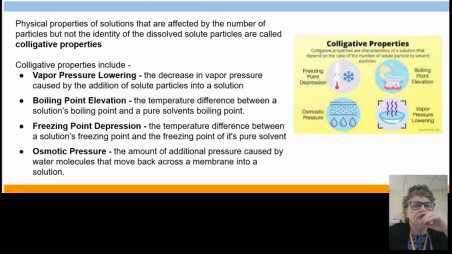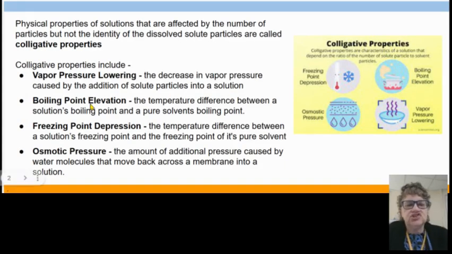And so what can happen with that solution is we could have vapor pressure lowering. That's the decrease in vapor pressure caused by the addition of solute particles into a solution.